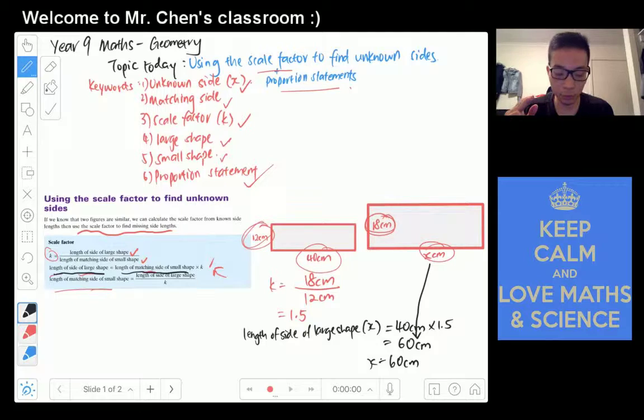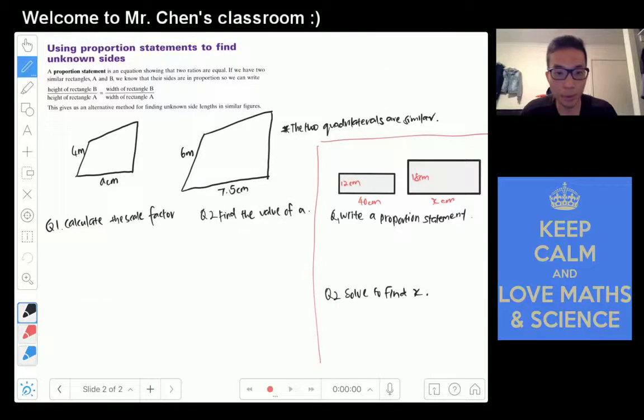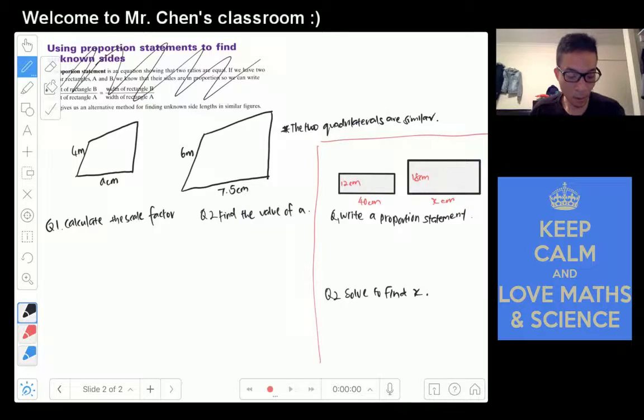I'm going to go through one more example on the next one, and then I'm going to teach you how to use the proportion statement as well. It's very similar. So on the next page, don't worry about that proportion side yet. We're going to come back to that.